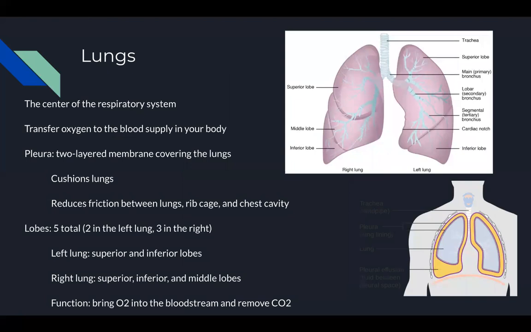Okay, so more about your lungs. They're the center of your respiratory system. They're probably the first thing you think about. They transfer the oxygen to the blood in your body, so they're very important for getting oxygen to all your organs and tissues and muscles. The lungs have this thing called pleura, which is a two-layered membrane that covers your lungs and cushions them for support and reduces the friction between your ribcage and chest cavity.